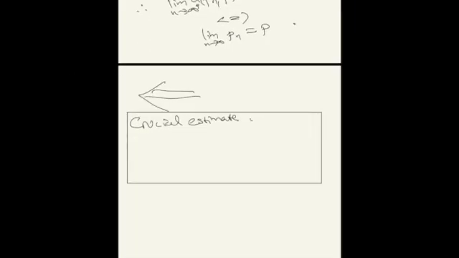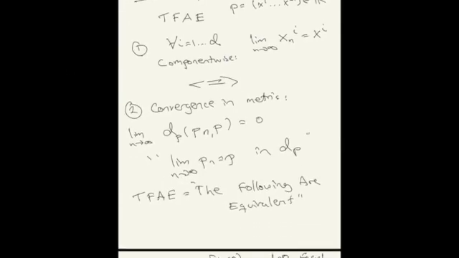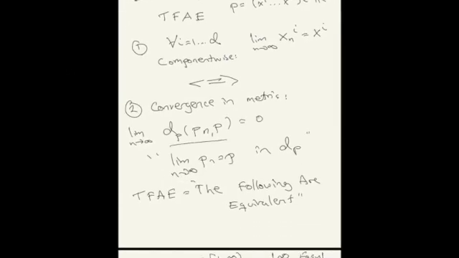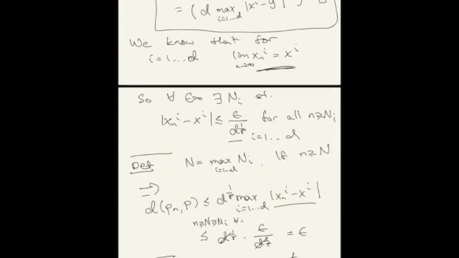Okay, other direction, and this one I'll do a little hastier because we don't have so much time. Going the other way, we want to start from the distance going to 0, and we want to say something about the components.